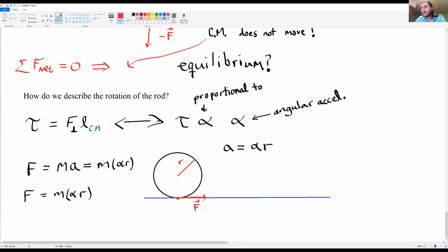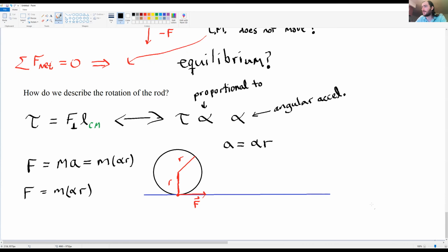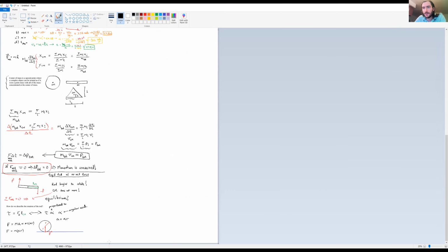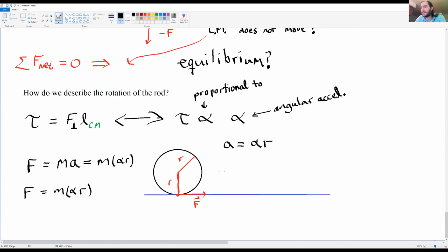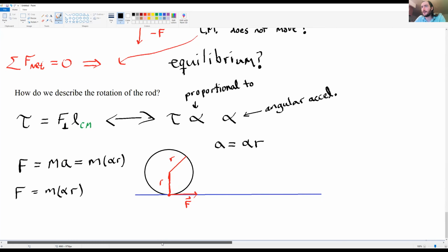And that force is acting at a distance r from the lever arm. So our lever arm distance here is r. And so if I take this expression, let me give myself some more space here. We're going to need to scroll this over for a second.